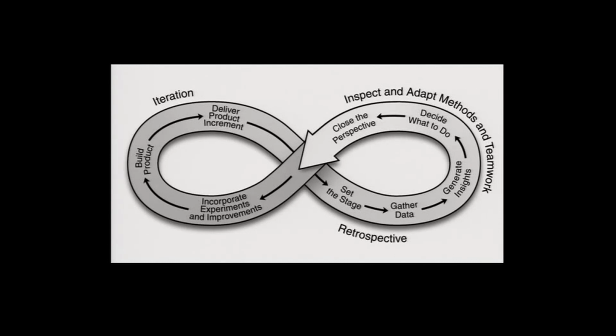The framework that we are proposing, and that we have found works very well for us, is that during the retrospective, we go through 5 chunks of work that the group needs to do in order to have a successful retrospective.